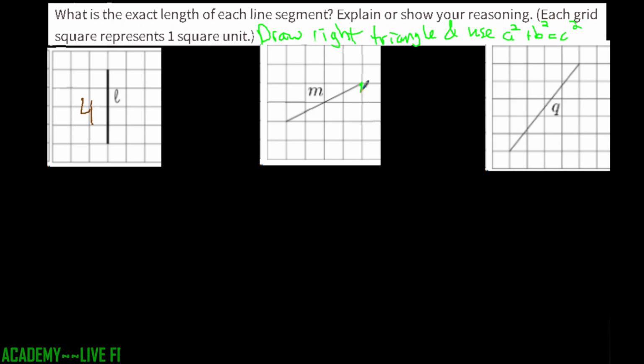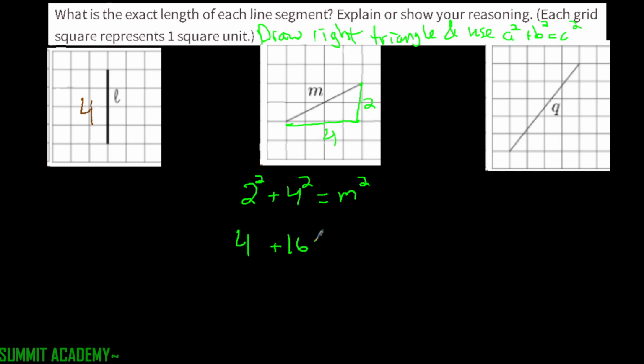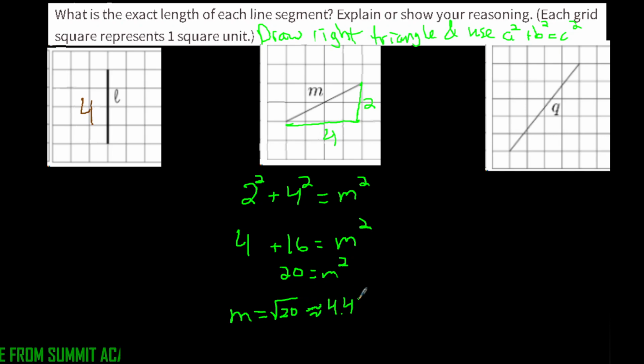A couple ways you can draw it, but I'm going to say this is a 2 by 4 triangle. So I have 2 squared plus 4 squared equals m squared. This is 4 plus 16 equals m squared, so 20 equals m squared. That means m is equal to the square root of 20, which is approximately 4.47.